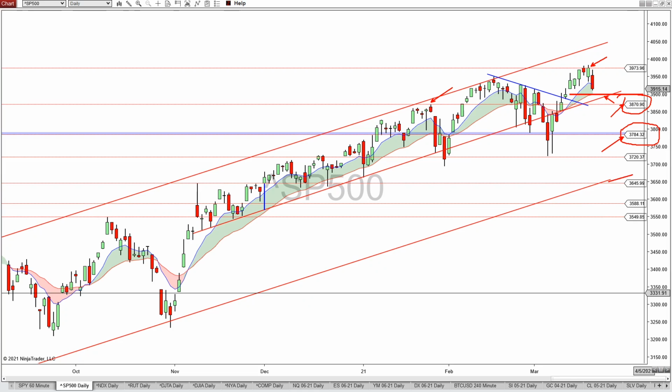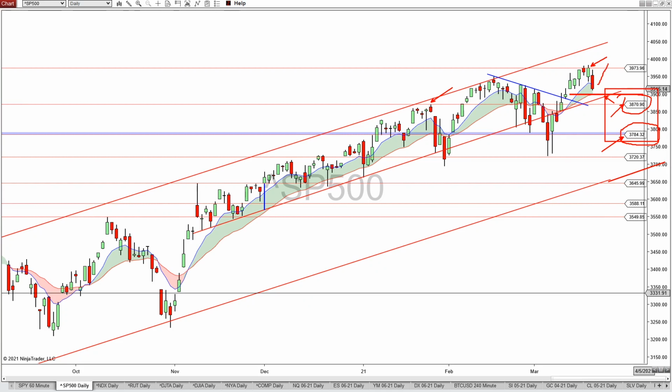And of course, the ultimate is probably down at this lower channel trend line. But right now, it's too early to talk about that level. Right now, we're just going to be concentrating up here in this area. So these are the levels that we'll be keeping an eye on.